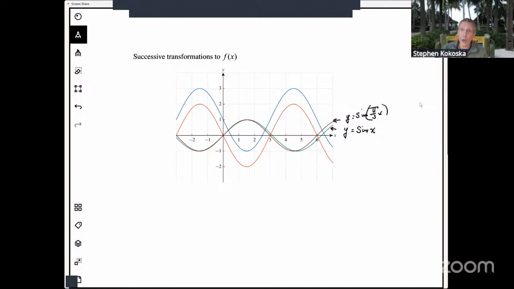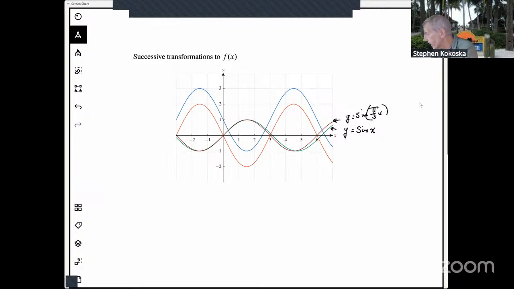Now, if I could do this in a nice compact way, I would actually draw some arrows. Tom's seen me do this on a couple of occasions where we do transformations. What I like to do is to pick a point on the original curve, which in this case would be the sine of x, and show how it gets transformed, show how that curve moves. So what I've done first is to change the period.